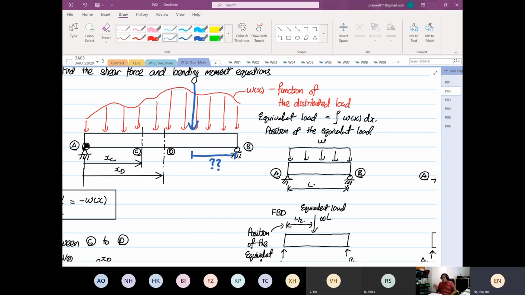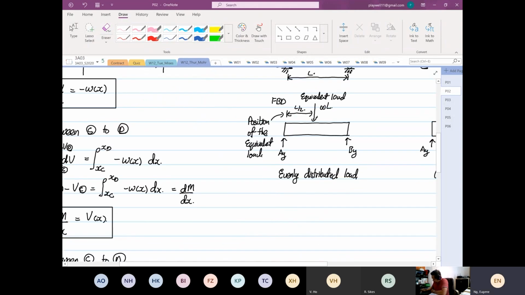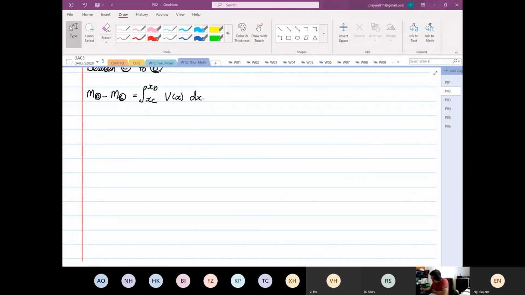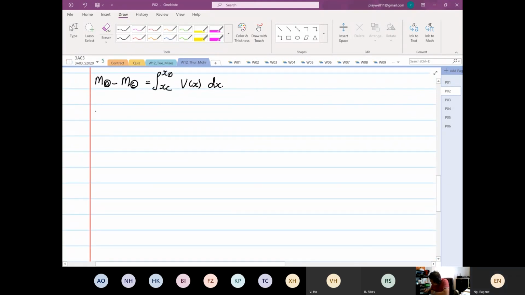However, to use the integration method, we're going to do integration, yes or no? You have to know your boundary conditions. So I'm going to do an example now. The example that I'm going to do, so this is example number 2.